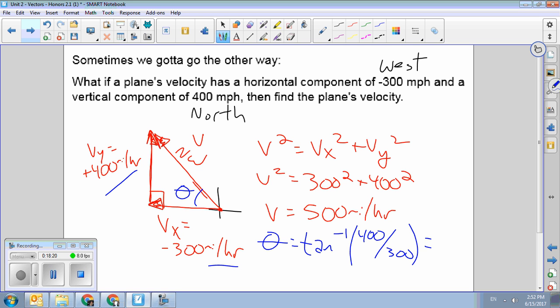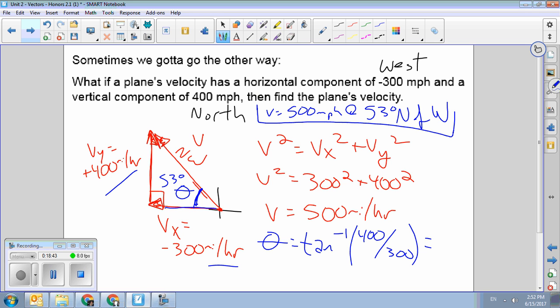Inverse tangent of that gives you 53 degrees. So my velocity is 500 miles per hour at 53 degrees. This is west, and we are north of it. So there you go.